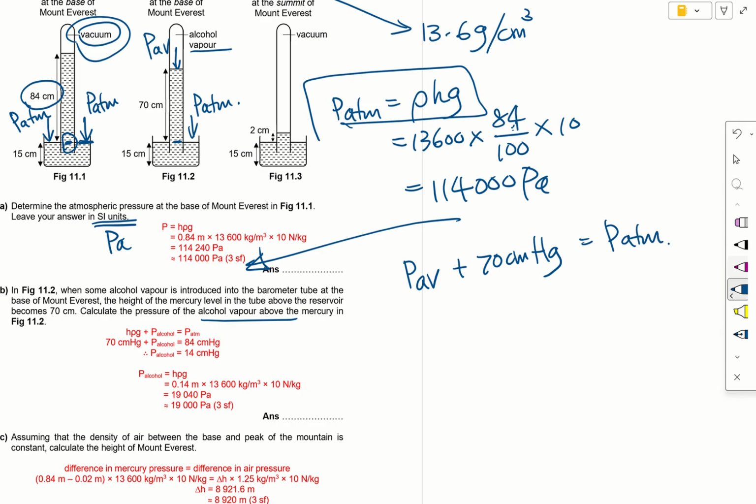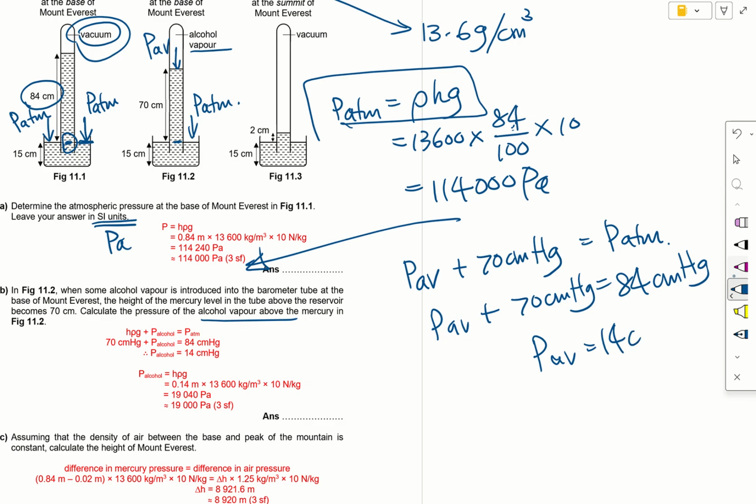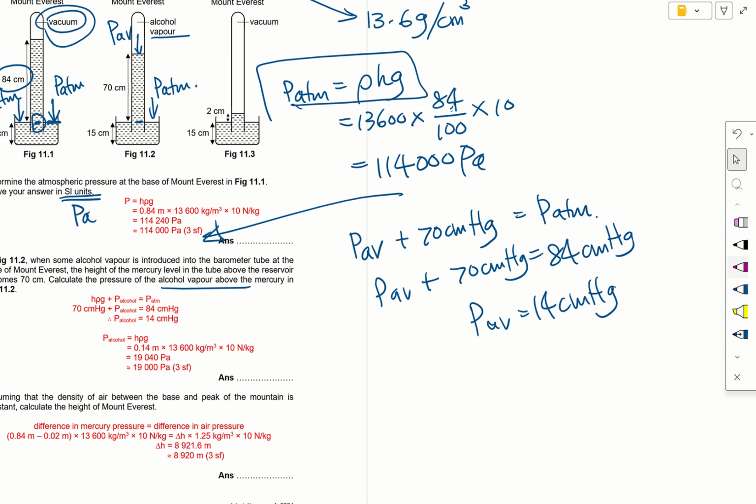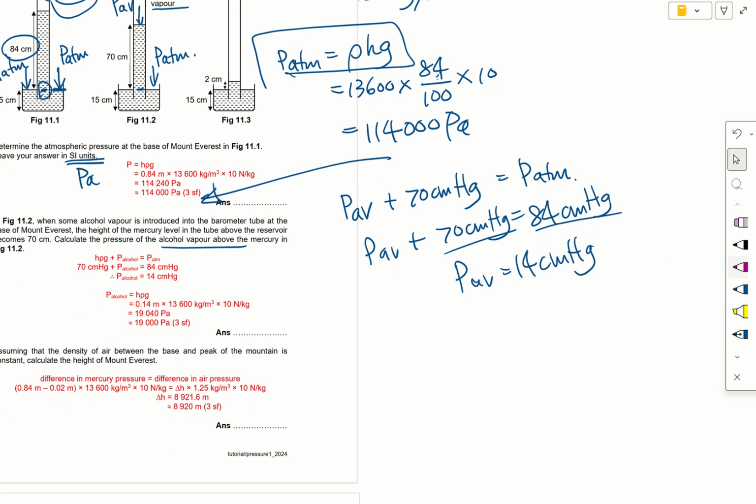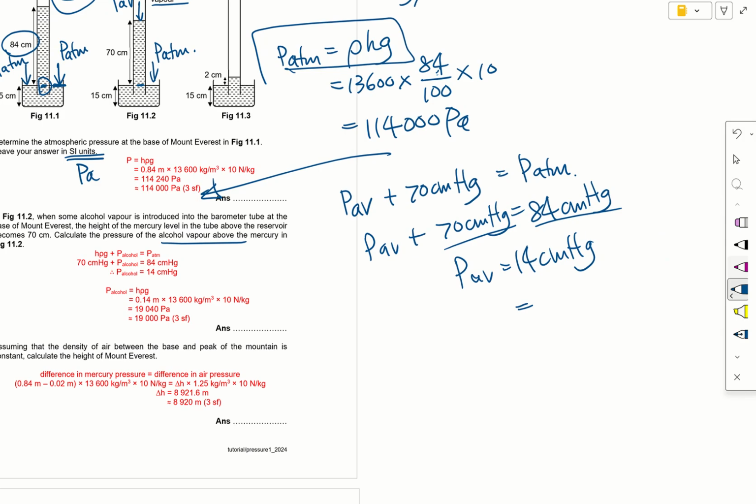Our PATM just now was actually 84 cm Hg, right? So we have PAV, alcohol vapor, plus 70 cm Hg. Therefore, the alcohol vapor will be equal to 14 cm Hg. If you are confused by this, you can just work it out, but this is just a neater way.